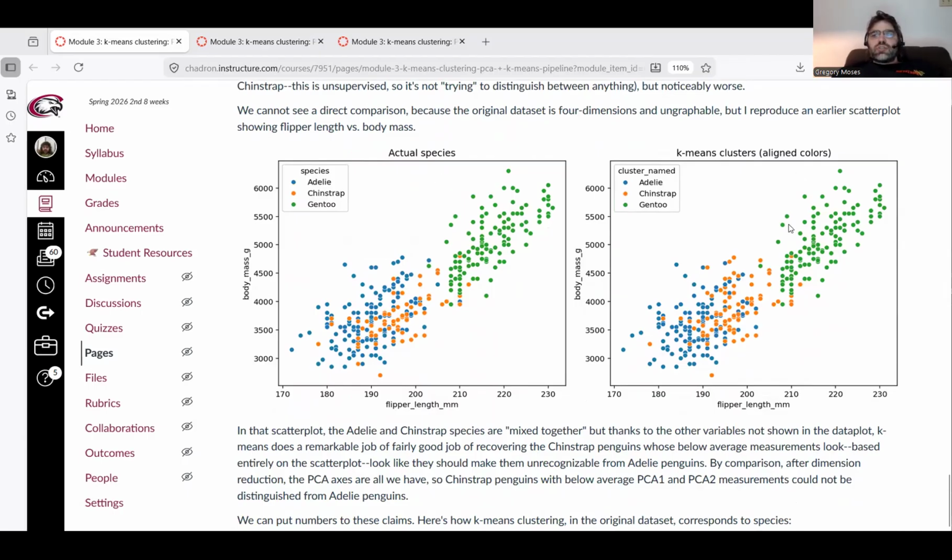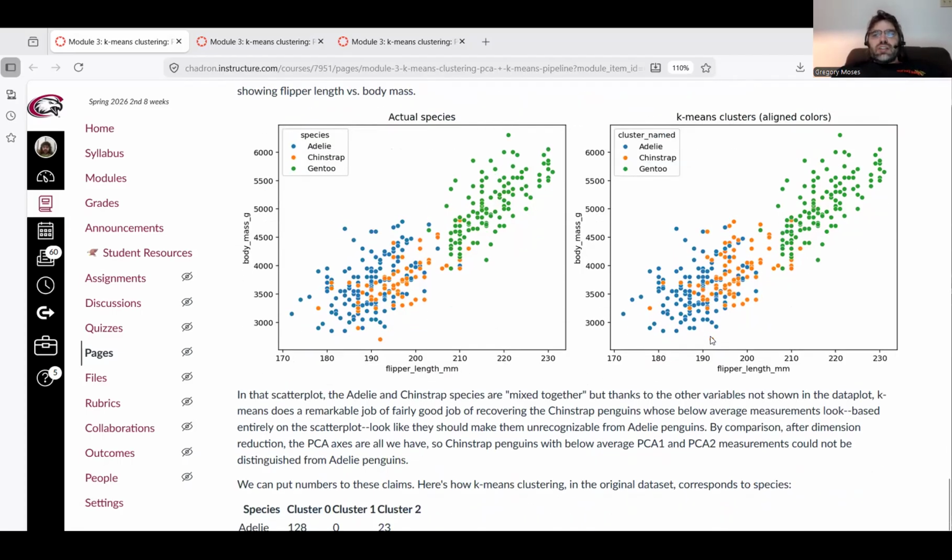Here are the clusters that k-means gave us. And you see here, the actual species are mixed together, but when we do k-means clustering, we do a very good job of identifying that.